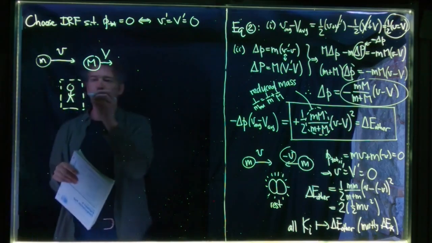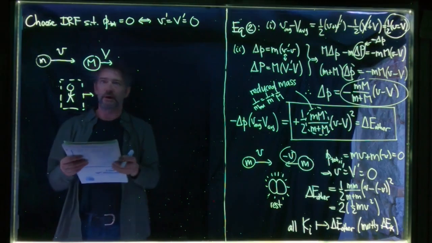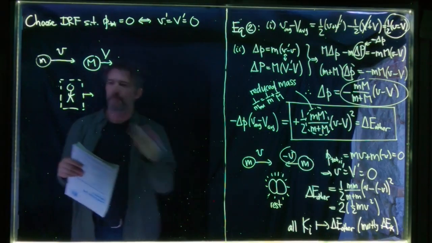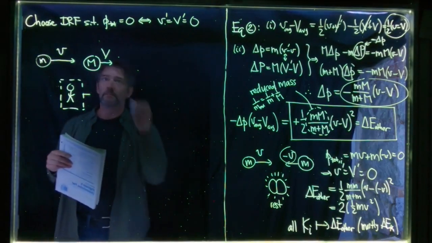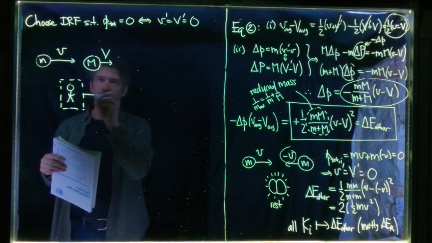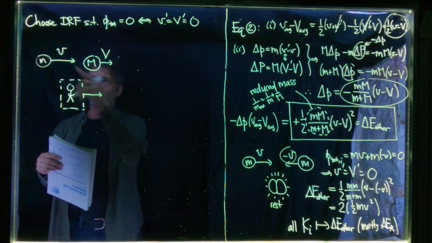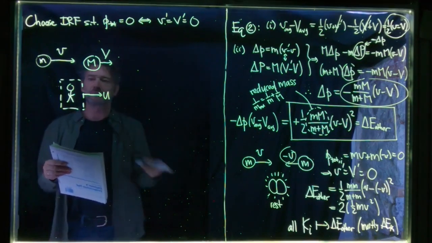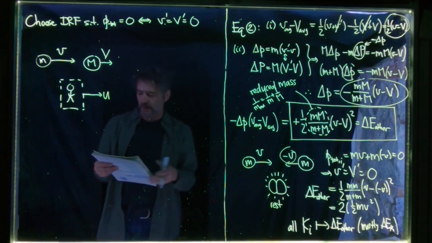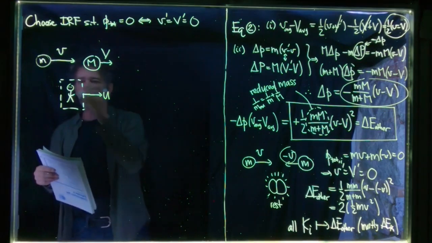So consider this person over here, in a reference frame which is drifting to the right relative to us. It has a velocity that is bigger than big V but smaller than little v, sort of in between, and we'll call that velocity u. The question is, what does this person see?